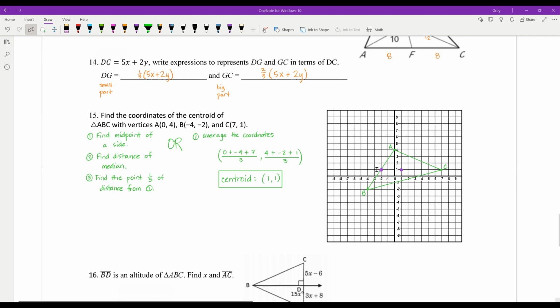So as I was saying, this is the midpoint of AB. So if you find the distance from 7 to -2 is 9, and to go 1/3 of that is 3, so 3 units away is at that (1, 1). That's the other process. But if you don't have the ability to have a horizontal or vertical, it's a little bit more challenging.